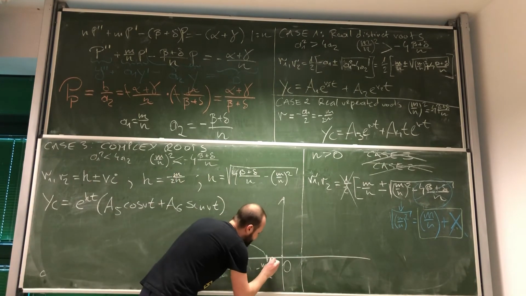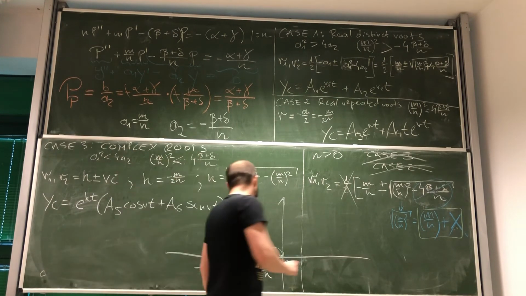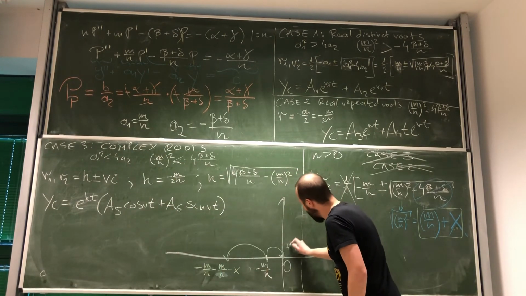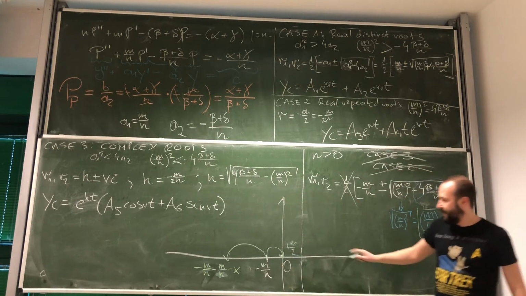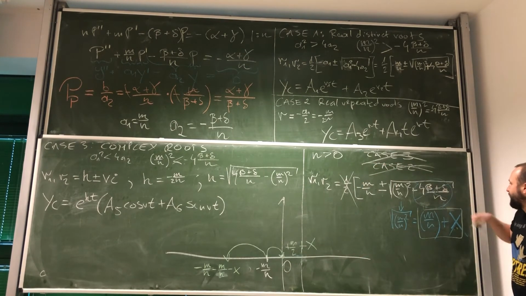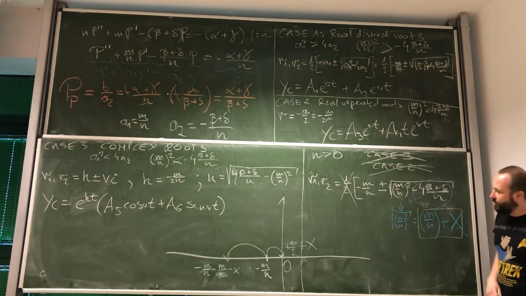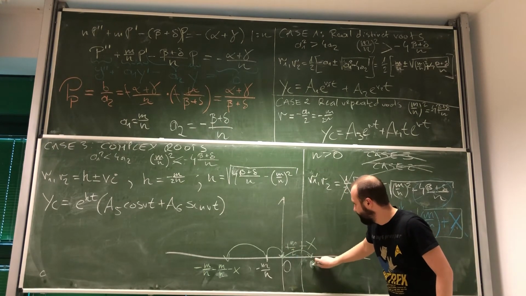So first, when I add to this number, I'm going to add m over n. I'm going to be at 0, but then I'm also going to add this special part that we call x, and I'm going to end up somewhere over here.